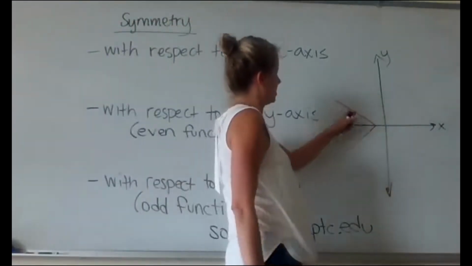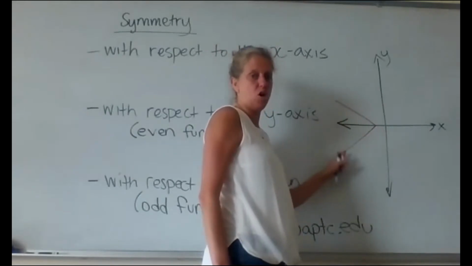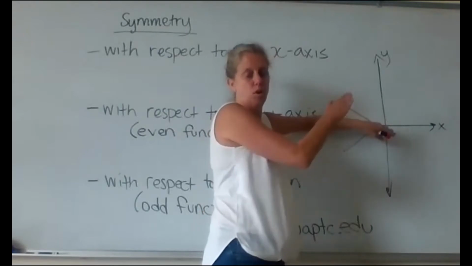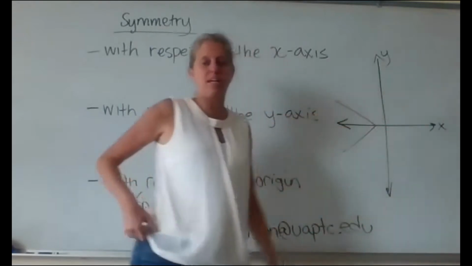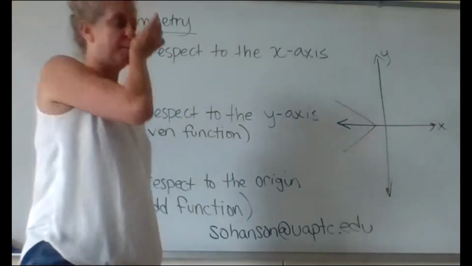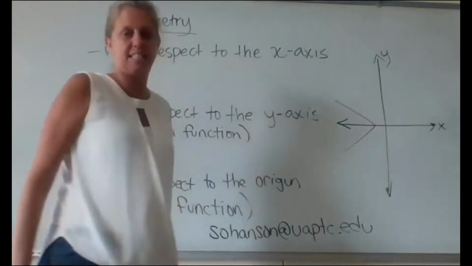So this time, it's exactly the same above the x-axis as it is below. If you folded your graph on the x-axis, wouldn't the top just come and lay directly on the bottom? The graphs mirror each other on top and below the x-axis. So this one is symmetrical with the x-axis.